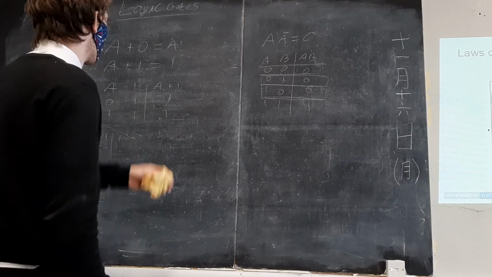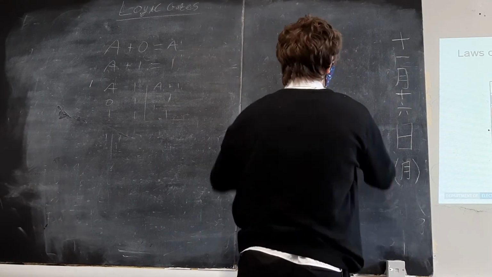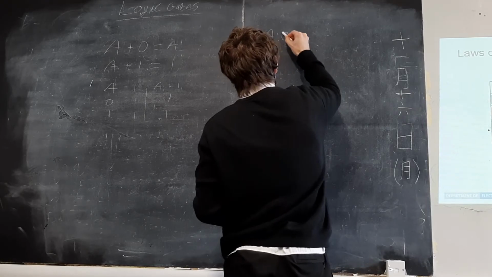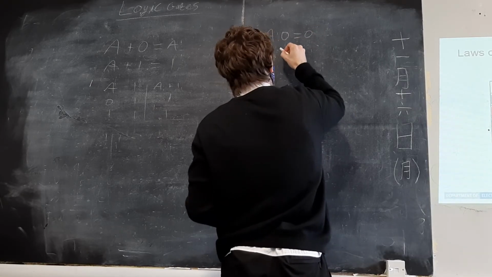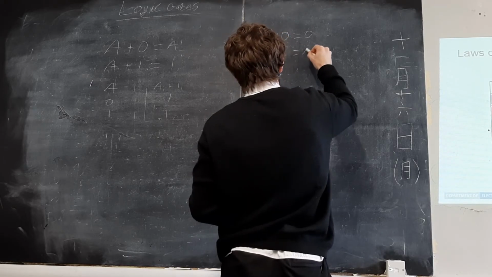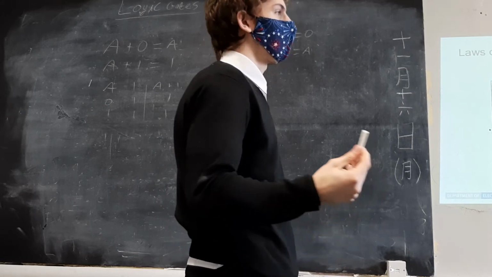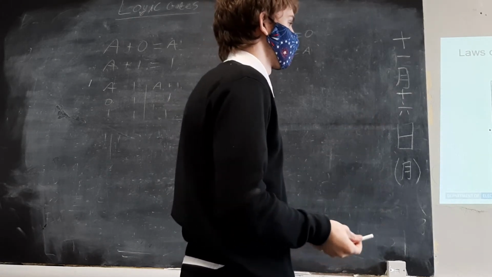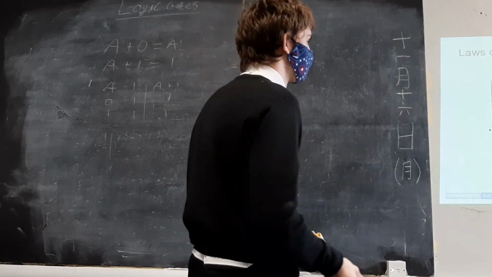Okay, so that's that. And then you also have this for ANDing, where you have A and 0 is equal to 0, A and 1 is equal to A. So A and 0, as we know, AND can only be true when both inputs are true. Therefore, if you're ANDing with 0, you're going to get 0.